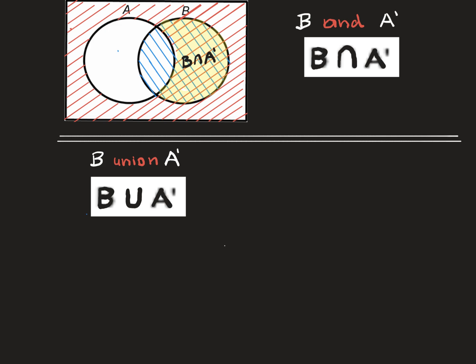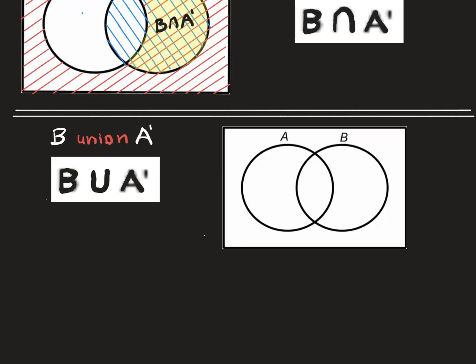So now how would B union complement A look? Once again, let's draw lines through B. And now let's draw lines through everything that is not A. But this time we're going to draw the lines parallel to the ones that we've drawn beforehand.